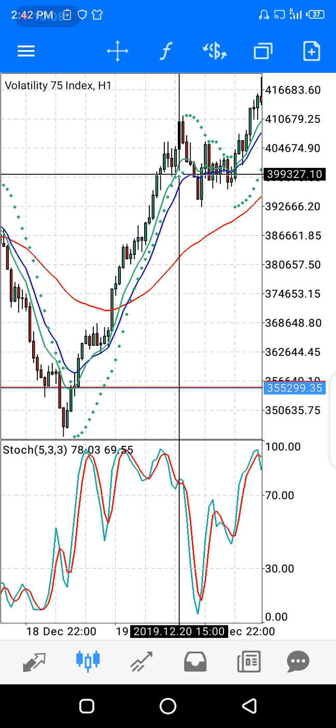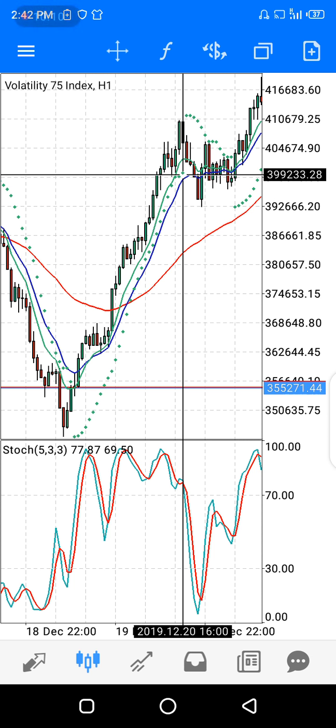Wow, that's a maximum profit. That's beyond 1,000 pips on the H1 time frame.